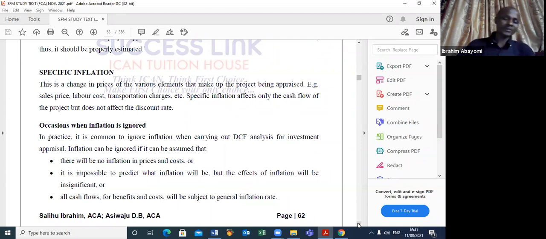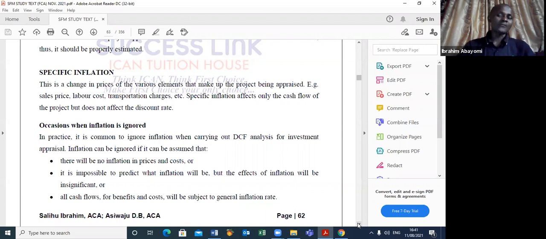So apart from specific inflation rate, which affects individual items in the cash flow, the general inflation rate will affect everything at the same time. When we say inflation is general, we are simply saying that that inflation rate will affect your revenue, your variable costs, all other costs, including your cost of capital.